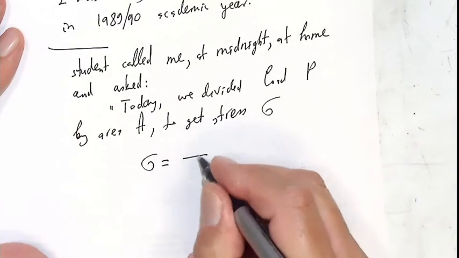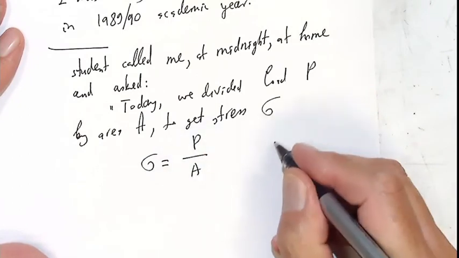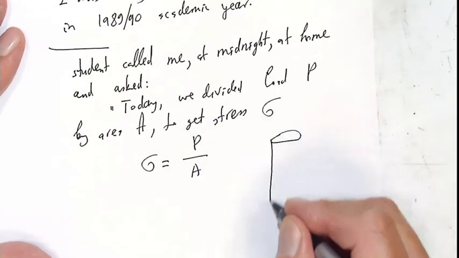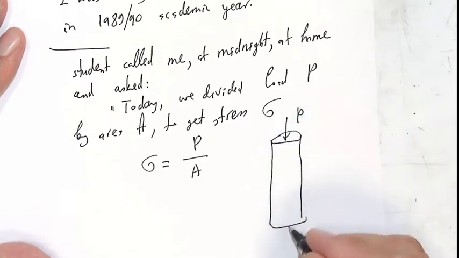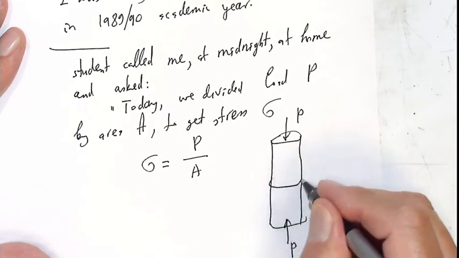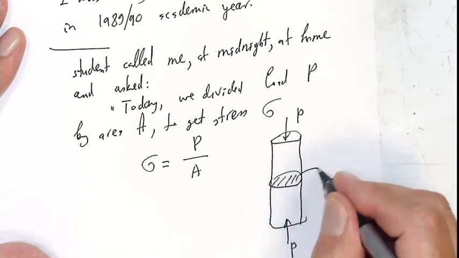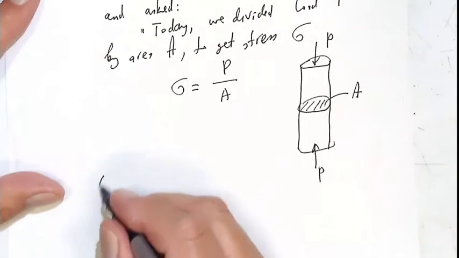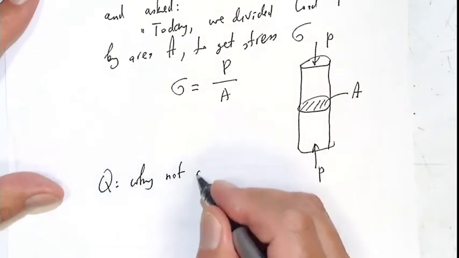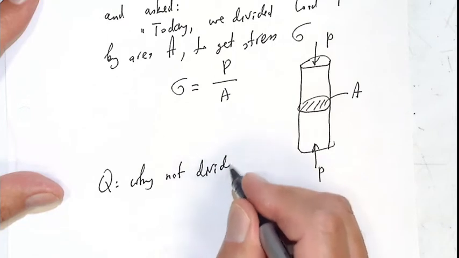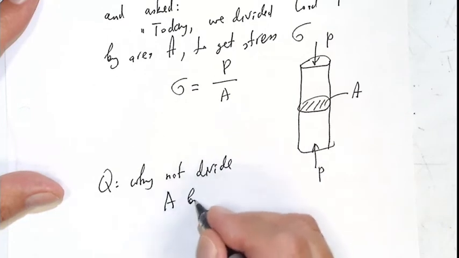Sigma equals P over A. In the bar there is P and there is A, an area. Question: why not divide A by P?